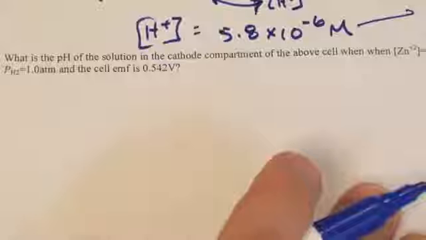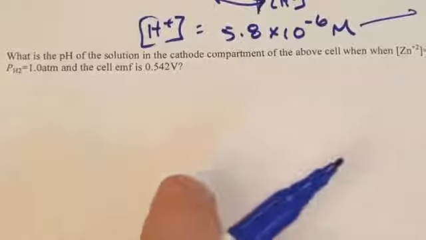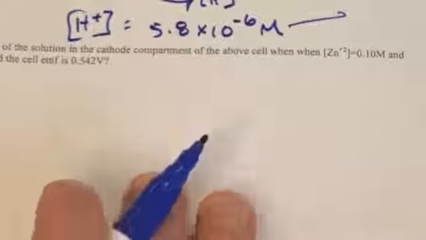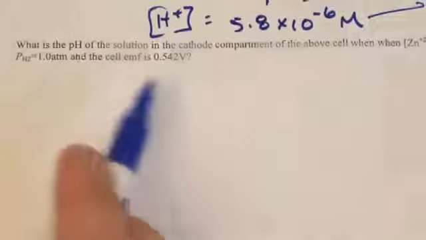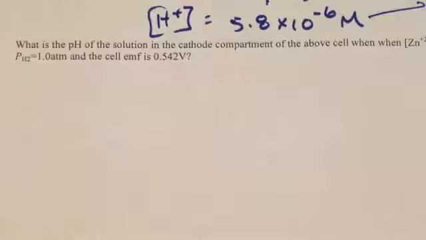What is the pH of a solution in the cathode compartment of the above cell when the zinc is equal to 0.1 molar and the hydrogen pressure is 1 atmosphere and the cell EMF is 0.542? We're going to do the same kind of problem here again, except this time we're going to solve for the pH.